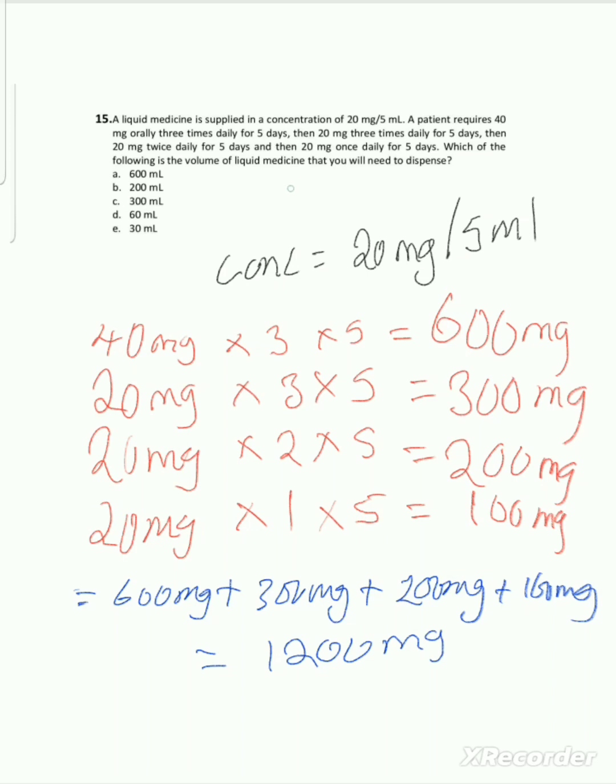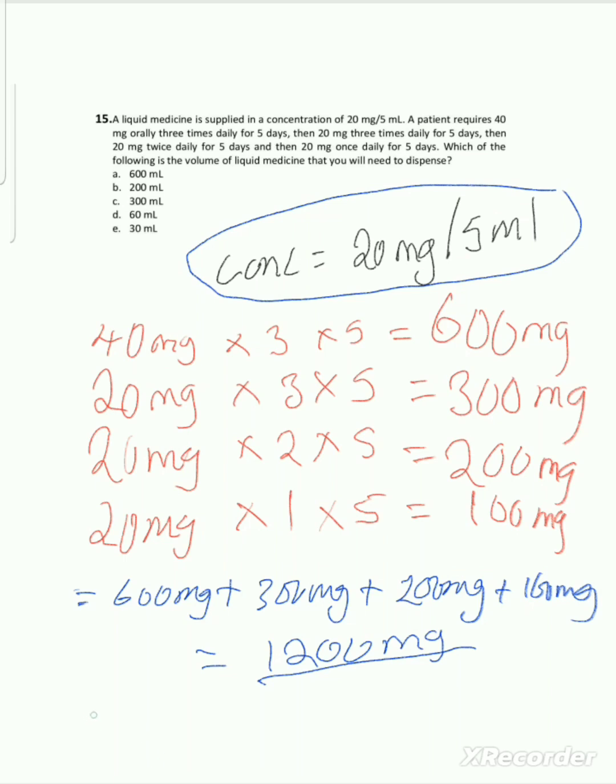So now, when we reach there, we want to find the volume of liquid medicine that would be needed to dispense. But we have already known that the mass of this medicine that will be needed to be dispensed is 1200 milligrams. So what am I going to do now? I'm going to use the concentration, which is 20 milligrams per 5 mils.